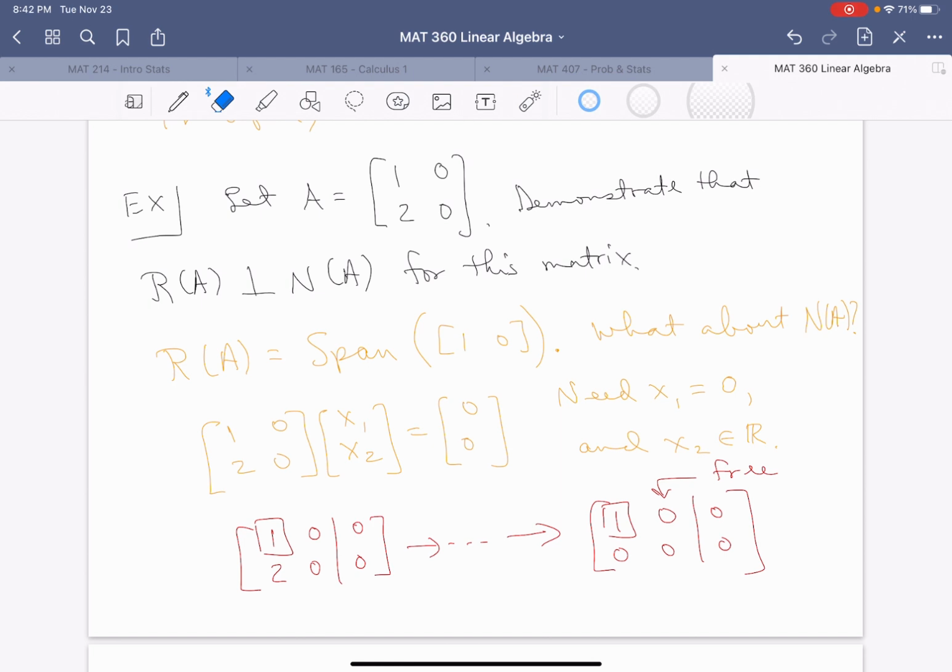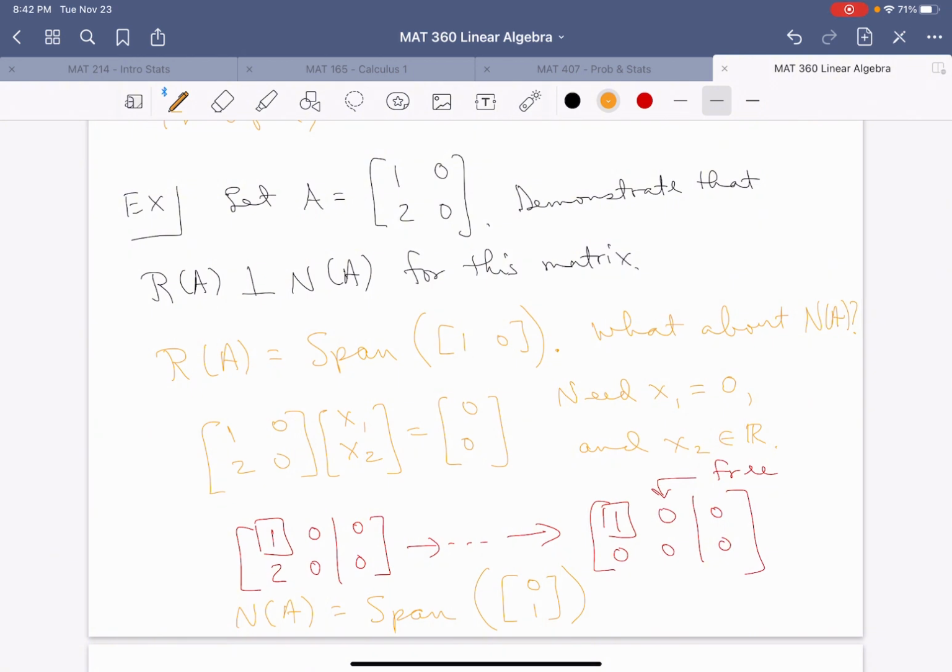So just to explicitly write this down, the null space is the span of the column vector 0, 1, because x1 needs to be fixed at 0, and then x2 can be any real number.